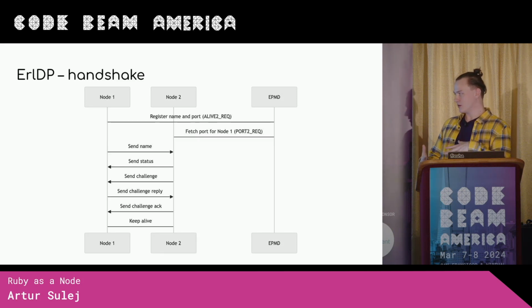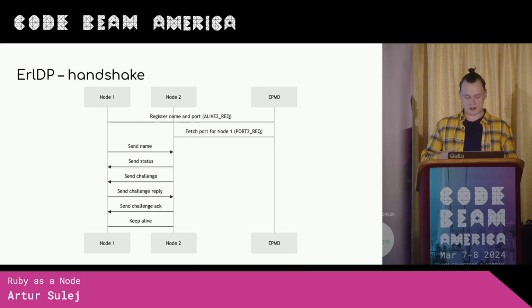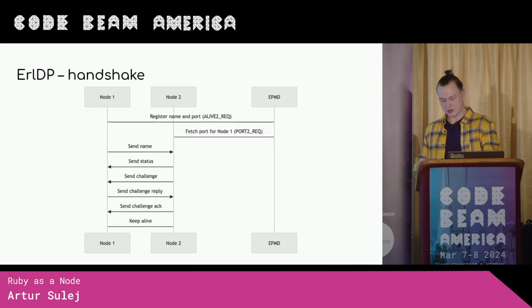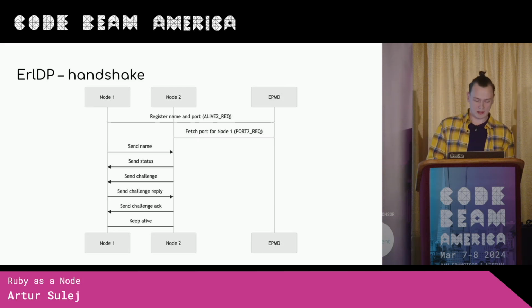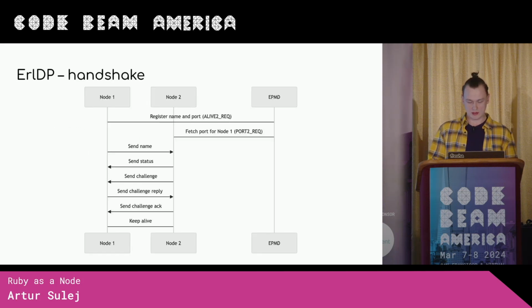This is the way they prove that they know the secret value that is called a cookie. And once the handshake is completed successfully, the connection is kept open and is then used for further communication.